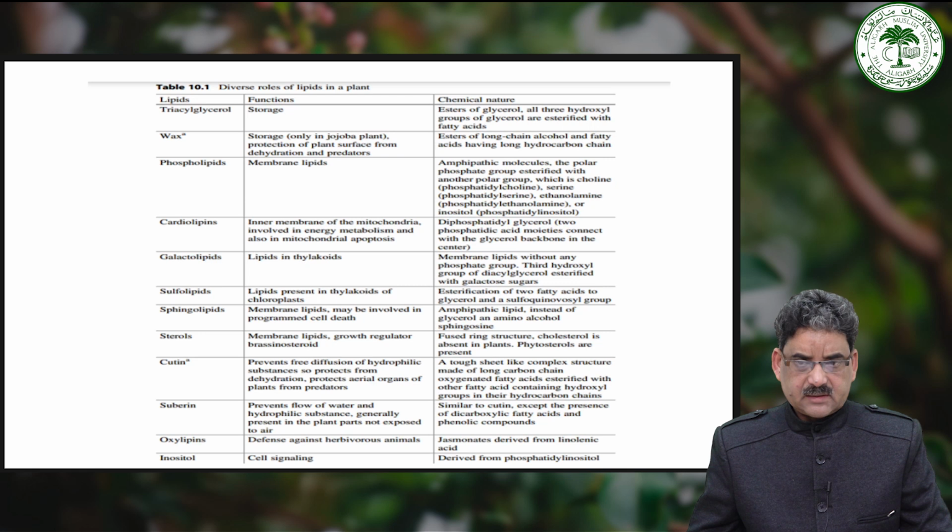The next one is suberin, which is similar to cutin but contains dicarboxylic fatty acids and phenolic compounds, and impedes the flow of water and hydrophilic substances in plant parts not exposed to air.